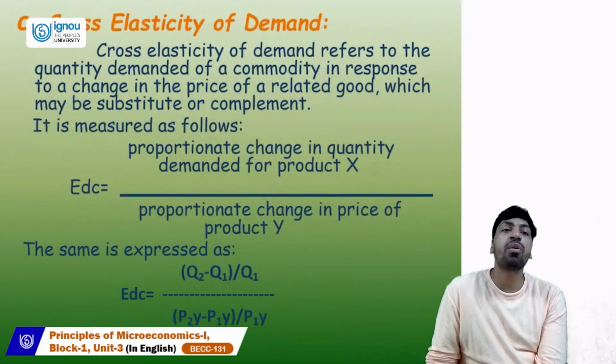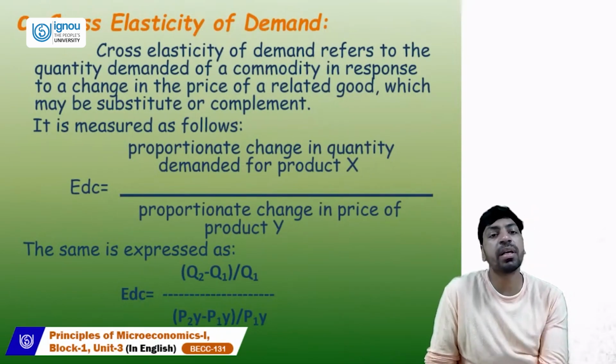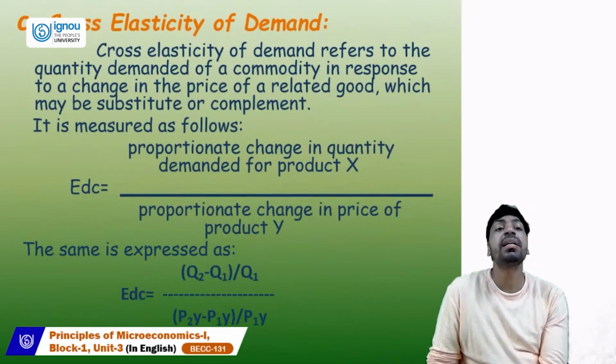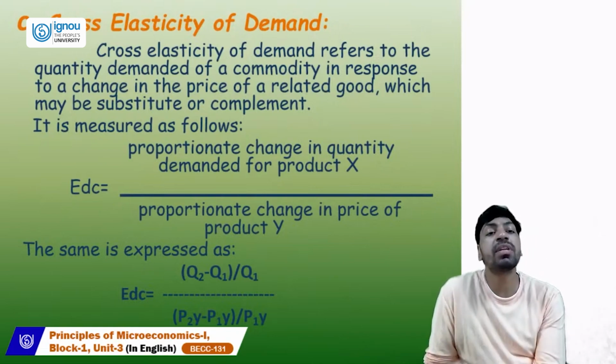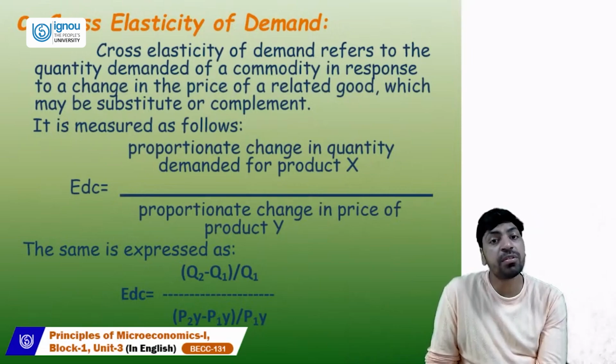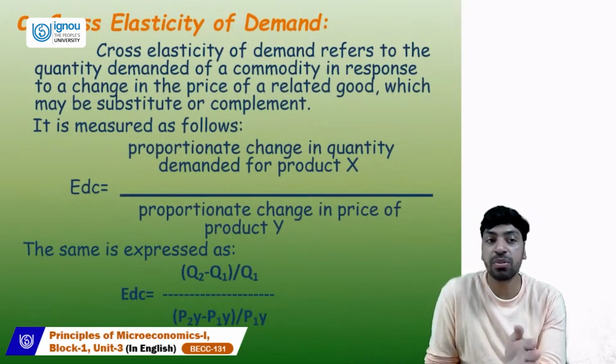So let's begin with the cross elasticity of demand. It's mainly related to substitute and complementary goods. In the earlier session, I already said that substitutes refer to a positive relationship between the two goods, and complementary goods have a negative relationship between the two goods.